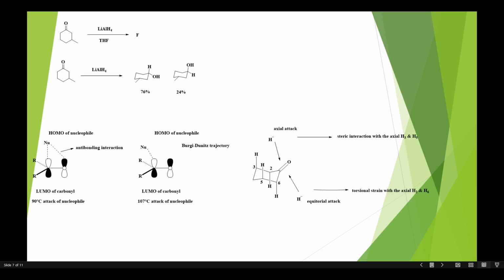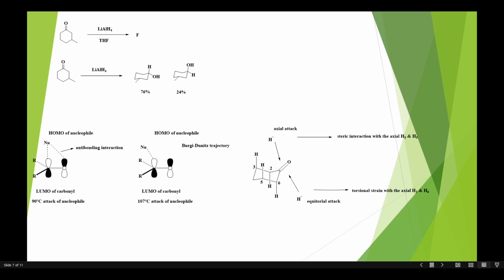In that particular case, because of those three secondary isobutyl groups, your angle of attack will happen from the equatorial position. Because of that only, you will get equatorial attack.